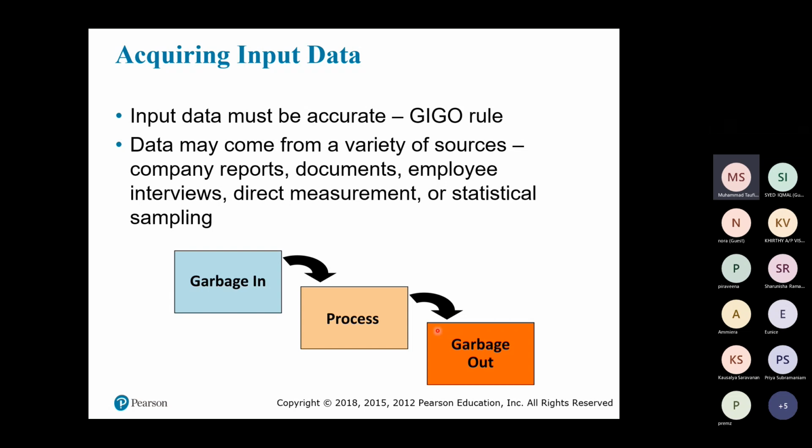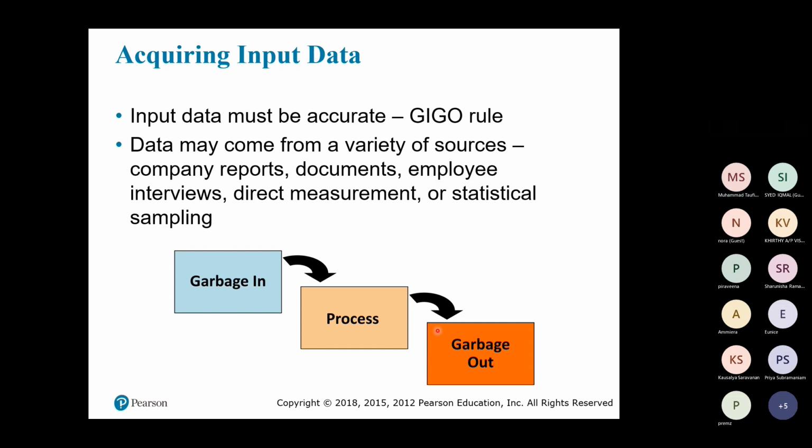The data is essential in running the model. Without the data, we cannot run the model. The model will be run using the input data, and after the model is run, we will get the output data. That is the data that we need to have.